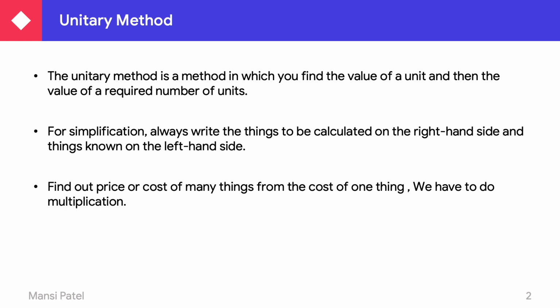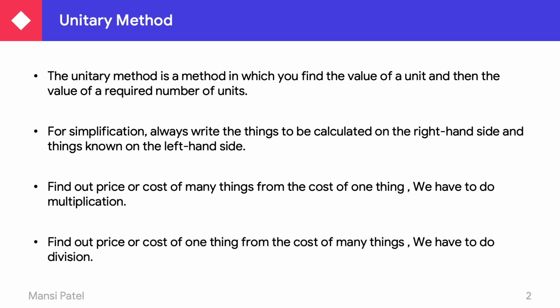To find out the price or cost of many things from the cost of one thing, we have to do multiplication. And if we want to find out the price or cost of one thing from many things, we have to do division.